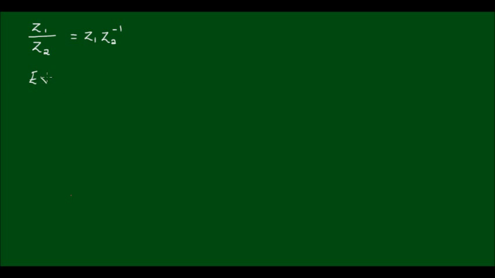So in example 1, I have z1 is equal to 1 plus i, and z2 is equal to 2 plus 3i. And the first thing I would do is to evaluate the inverse of z2.